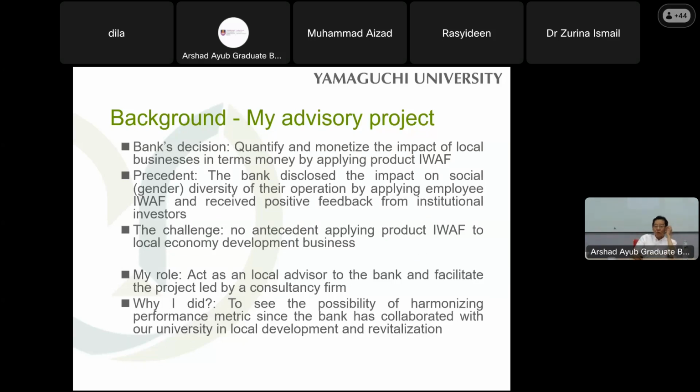It may be good news for them, because the bank disclosed the impact on social diversity of their operation by applying employee IWAF and received positive feedback from institutional investors. But the challenge we are still facing is that there is no antecedent applying product IWAF to local economy development business.